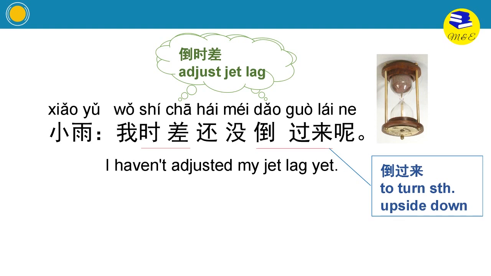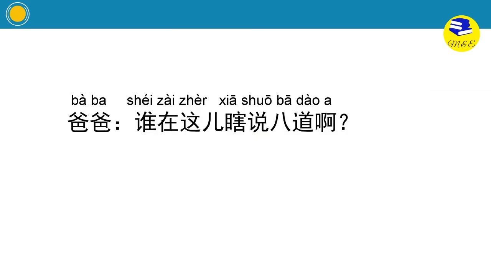So when we are talking about jet lag, we usually use 倒过来 to explain that I'm okay, now I don't have jet lag. Yes, you're right. If you want to say you haven't adjusted your jet lag yet, you can say 我时差还没倒过来. Okay, this is what we have in this sentence.